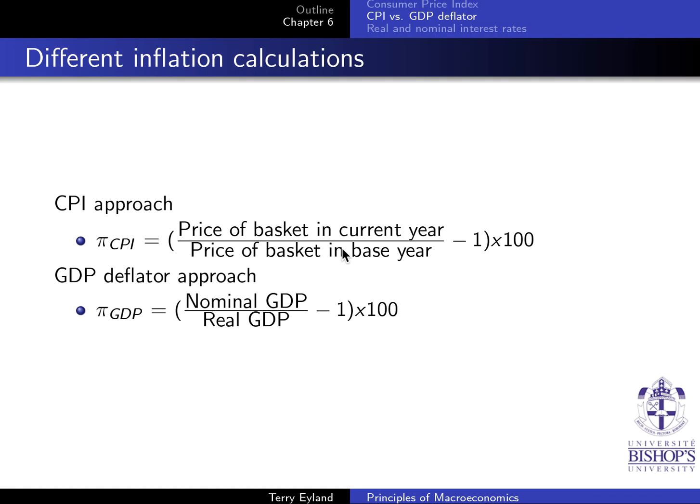So here, we're comparing the way to calculate inflation using the CPI approach versus the GDP deflator approach. They both have their advantages and disadvantages, but if you look at the actual way that they're calculated, they're pretty similar. Both of them have something in the numerator over something in the denominator, minus 1, times 100.